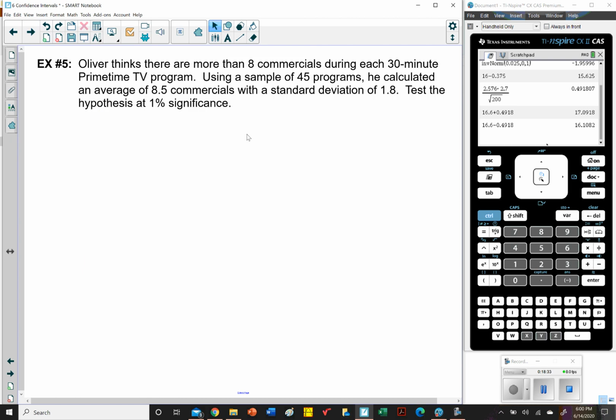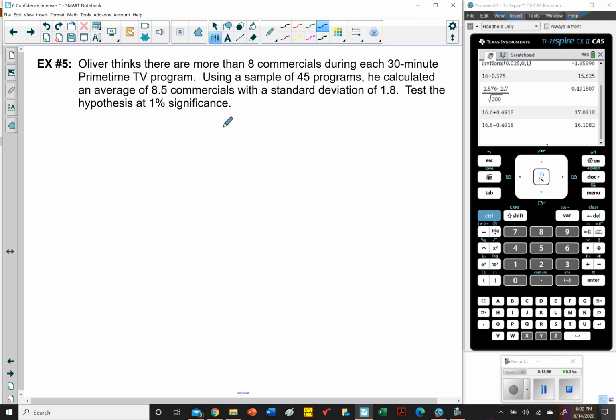Oliver thinks there are more than 8 commercials during a 30-minute program. Using a sample of 45 programs, he calculated an average of 8.5 commercials with a standard deviation of 1.8. And we want to test the hypothesis at a 1% significance level.